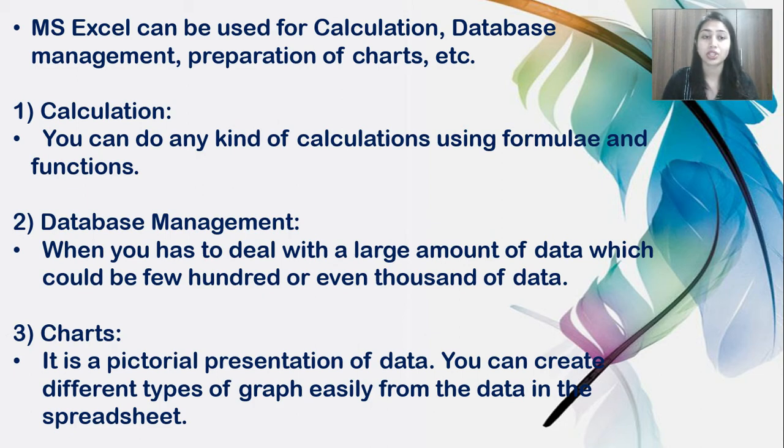First, calculation. You can do any kind of calculations using formulas and functions. If you want to make the results of your exam, you can make many students' results at a time using the Excel sheet.